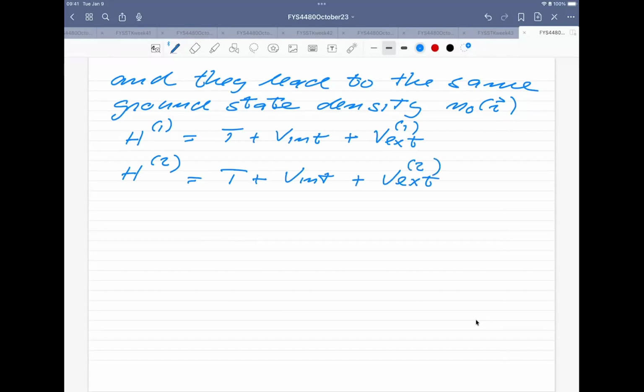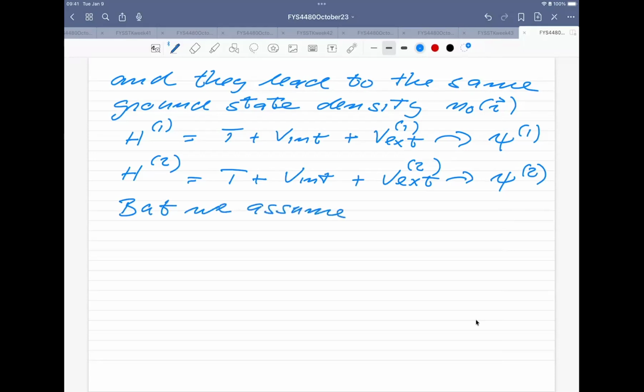And obviously, this one leads to a wave function psi 1, and this one has a psi 2. So they have two different ground state wave functions, which are hypothesized to have the same density. We assume now that psi 1 and psi 2 have the same density.